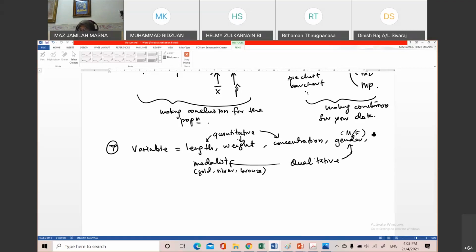It means that it will not be in order. No rank, gender. So this is your nominal variable. What about medalist? This one is an ordinal variable, because gold must come first, then followed by the silver and finally the bronze. So it is in order.